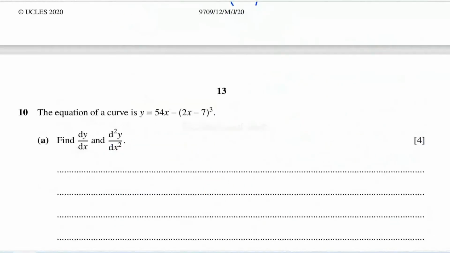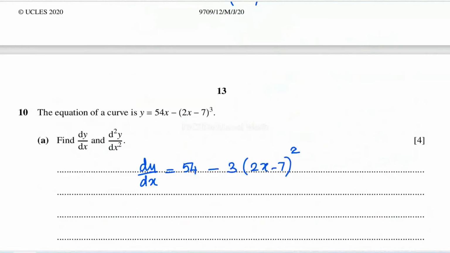Next, question number 10. The equation of the curve is y is equal to 54x minus 2x minus 7 the whole cube. Find dy by dx and d square y by dx square. So dy by dx equal to, if you differentiate 54x, you will get 54 minus 3 multiplied by 2x minus 7 the whole power 2, and inside the bracket we have 2x minus 7.